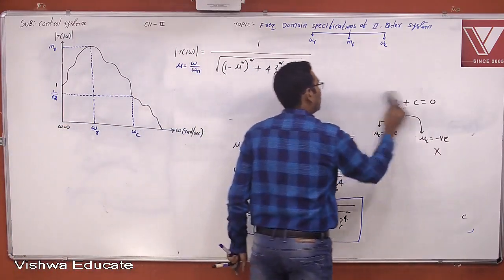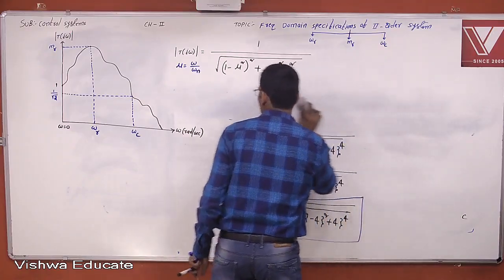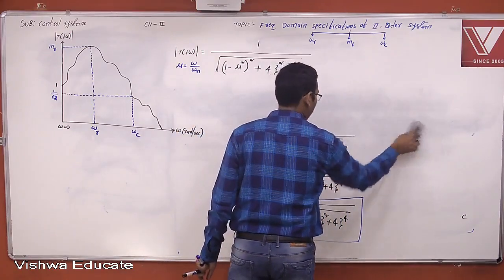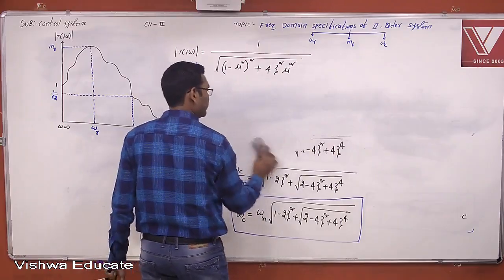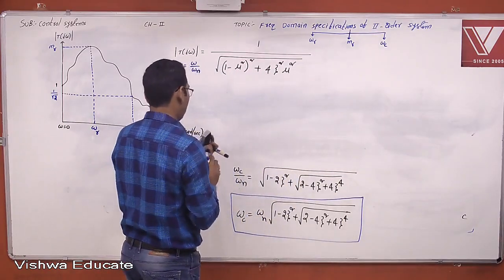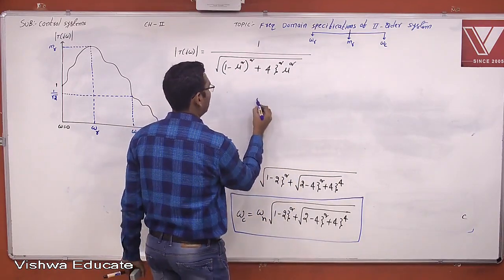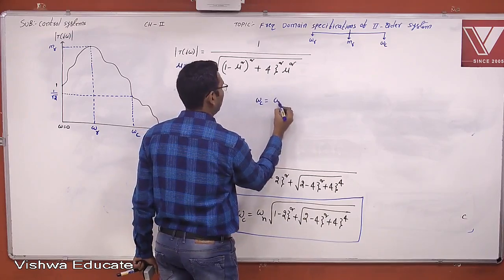Because frequency is always positive, I don't take the negative side. So this is the cutoff frequency omega c, you can get it.